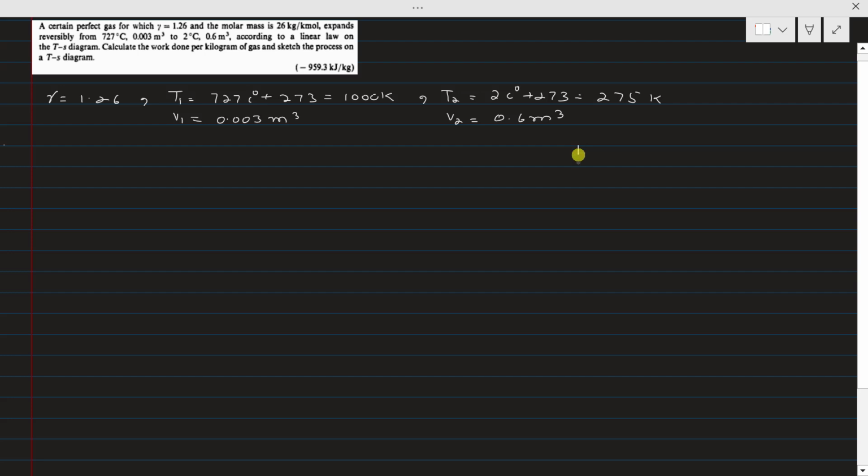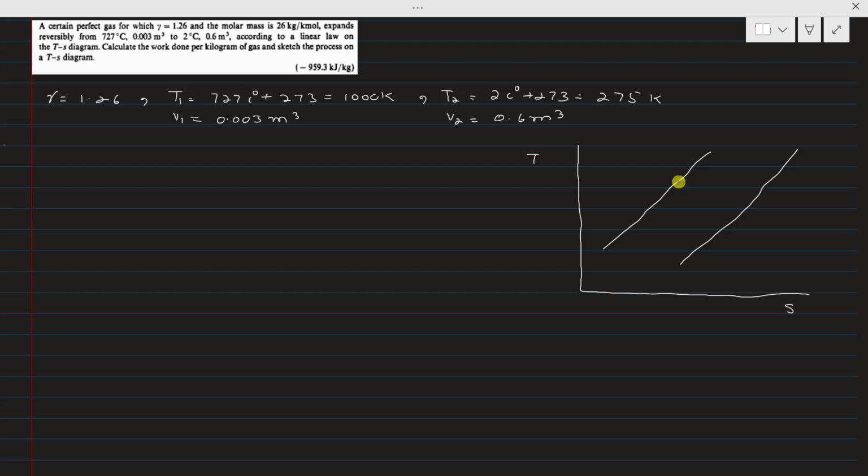Let me draw its TS diagram. So this is the low volume line. This is the high volume line. Since expansion takes place from process 1 to 2, a change in entropy will occur.